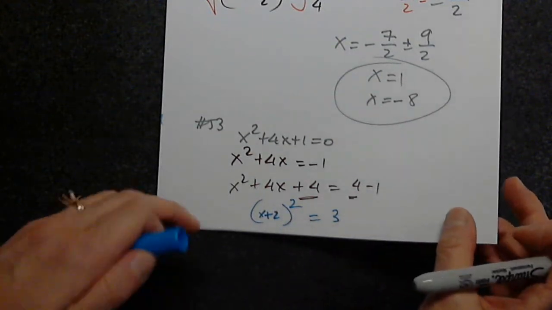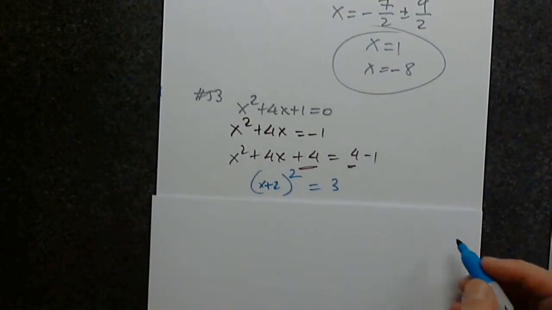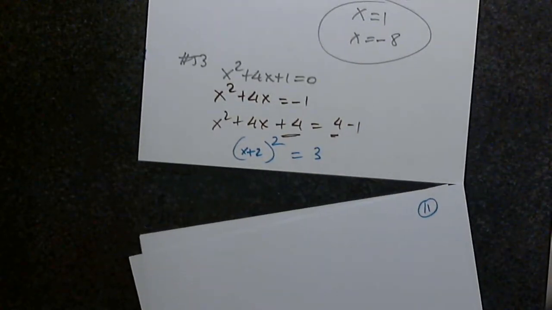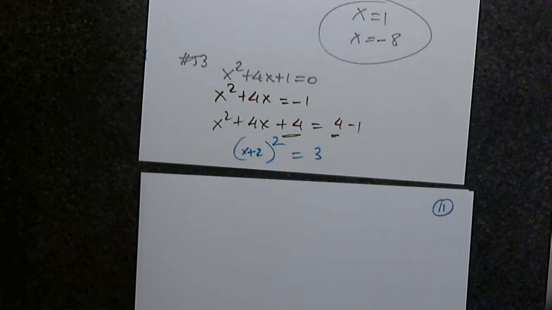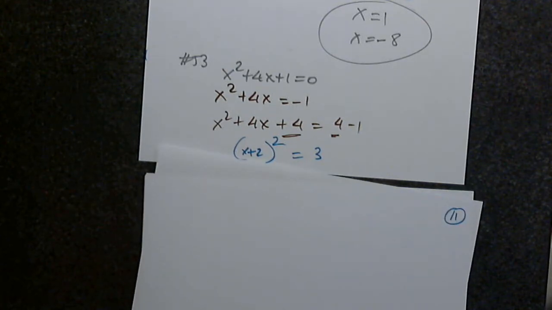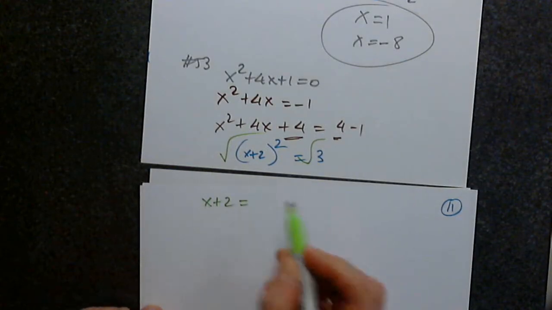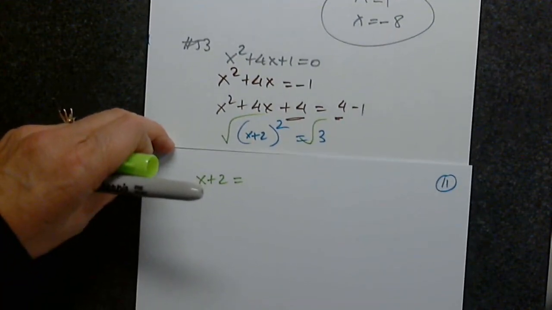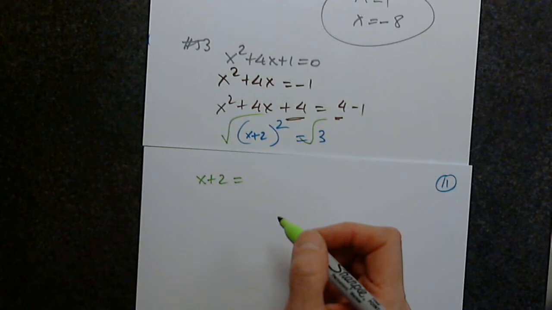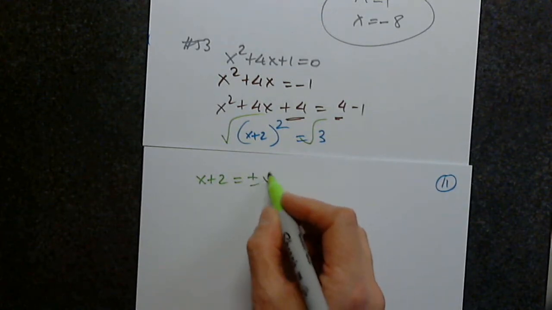Exactly. So now I get stuck if I don't remember what to do next. Yes, I have to take the square root from both sides. So I take the square root from the left, the square root from the right, x plus 2. I have to put something very important because I'm expecting two solutions, plus or minus the square root of 3.